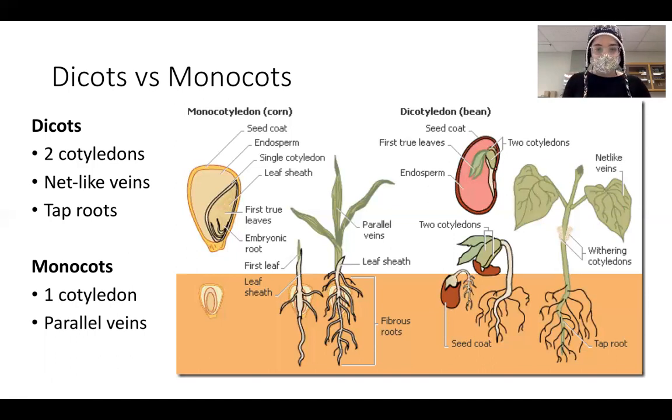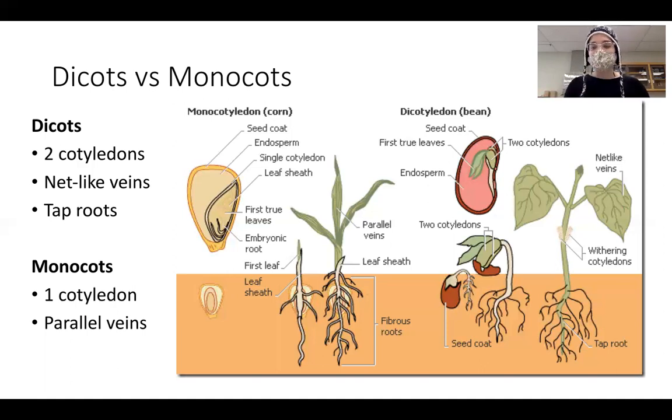And then one other difference that we'll mention today, because you will see it, is the different root types that these groups of plants have. In monocots, we have this fibrous root system, which I believe in your packet is called adventitious roots. These root systems are only found in monocots, sorry.